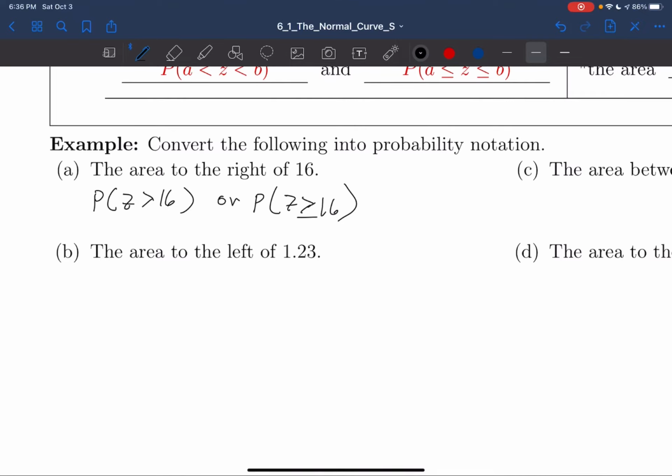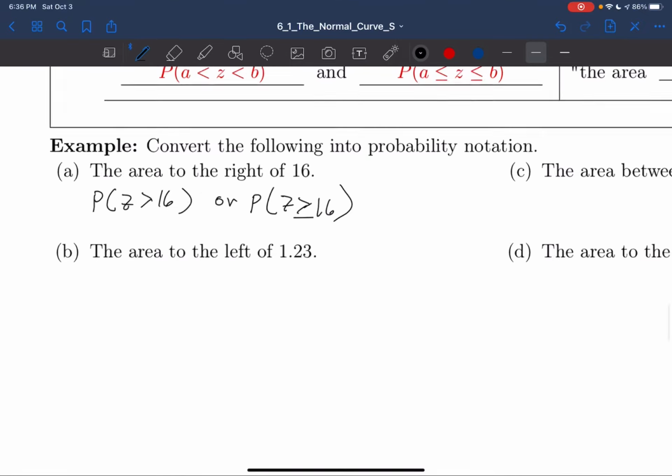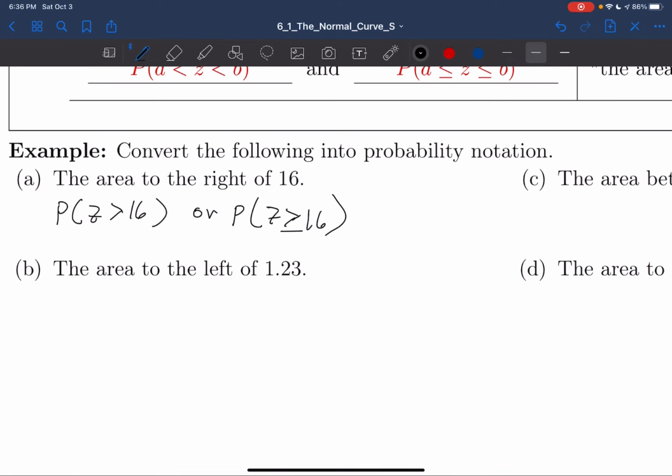There's a little trick that I encourage you to use: when we see "to the right of" something, it gives you an idea where the arrow is pointing, because I think of these as arrows. So this is pointing to the right of the value. So this is notation.